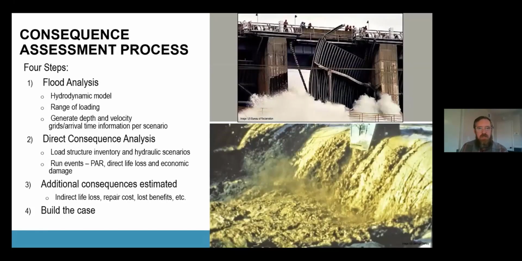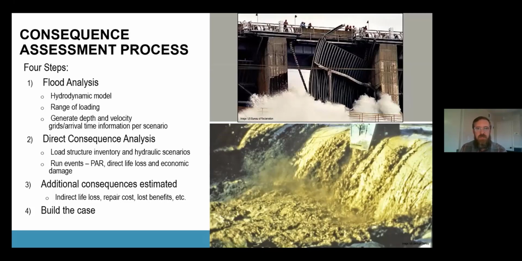The process that's typical for consequence assessment is a four-step process. The first being a flood analysis, and it's important to understand the full range of hydrologic loading and to decide on the flood scenarios that are going to be used to model the consequences.